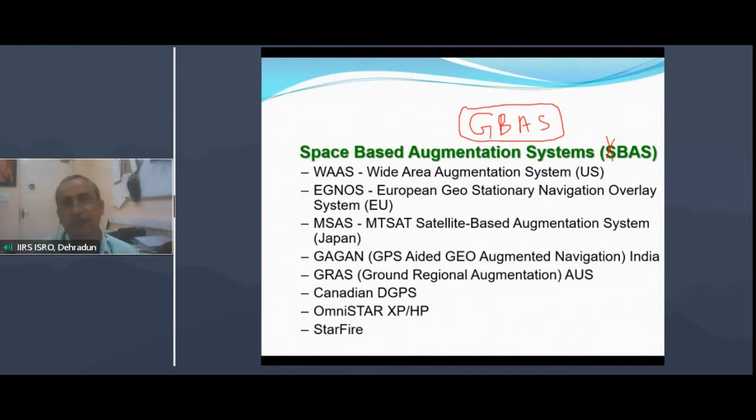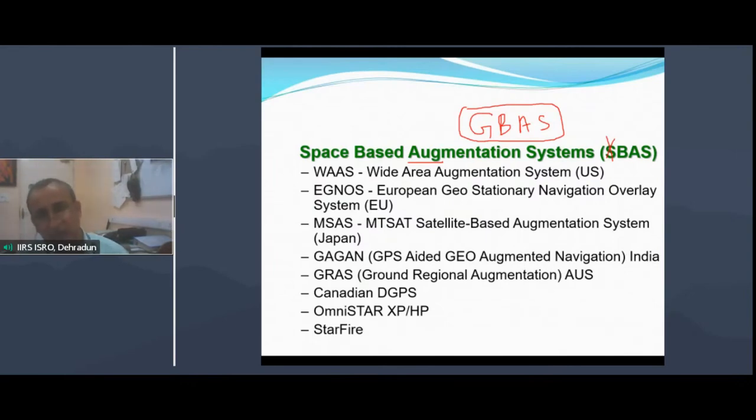And I'm always talking about augmentation systems. Augmentation means enhancing the capability or the accuracy of a system. So here, with some extra data that we can generate for given GPS satellites, we can improve the accuracy of my coordinates.